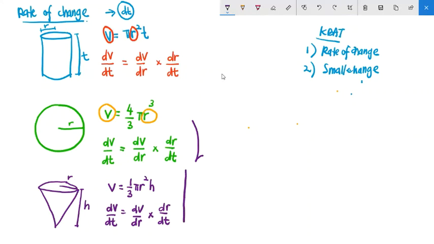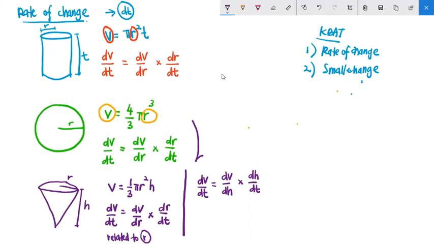Okay. If related to H, this one is related to R. Okay, if related to H, dia akan jadi dV over dt equal to dV over dH times dH over dt.